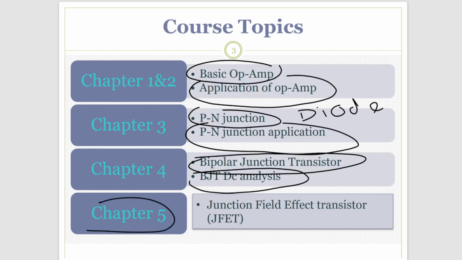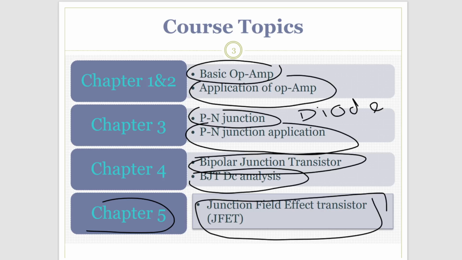Chapter 5 talks about the junction field effect transistor, the J-FET transistor. Okay, so this course actually talks about all of these components. So these are essential components used in any electronic circuit. So these are some of the most used electronic components in the circuit.